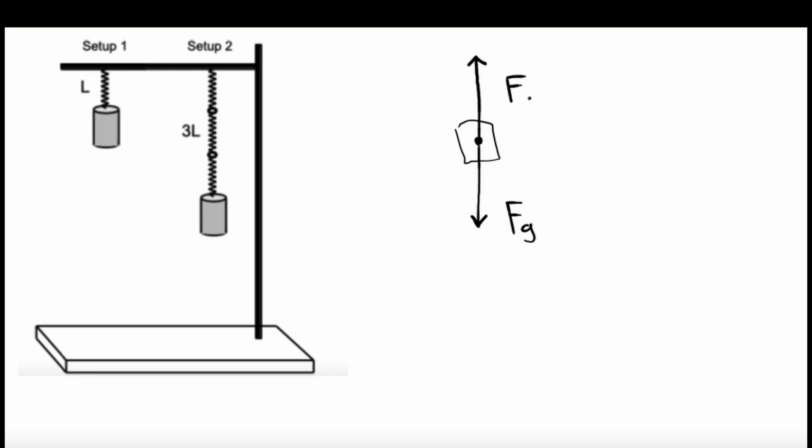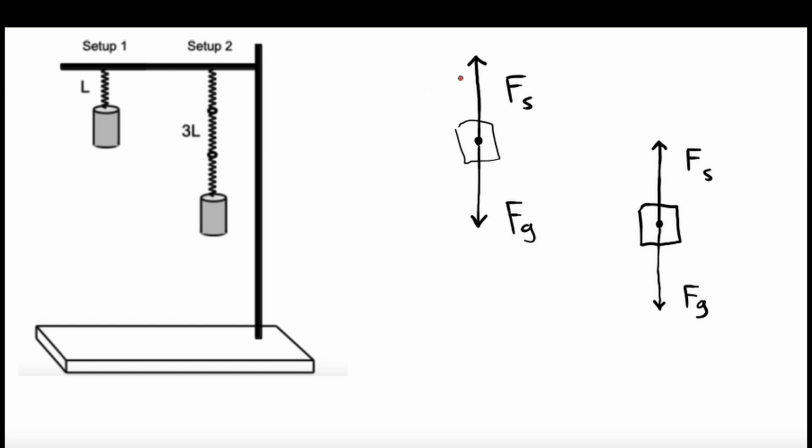I'll call it Fs for force of spring. Then we have our other mass which is the same weight, so it has the same Fg as the other one. And the force of the spring, therefore, according to Newton's laws, must currently be the same for both springs.